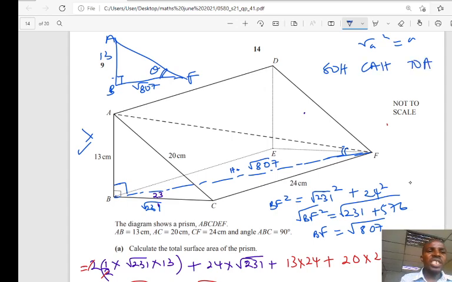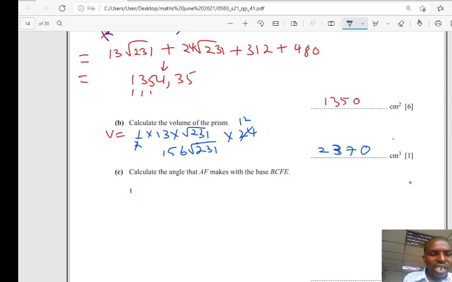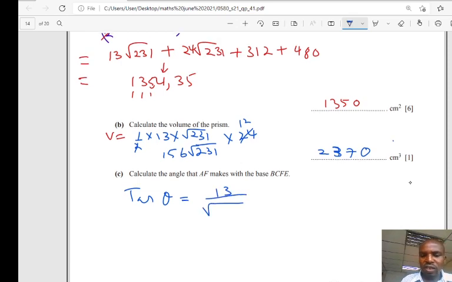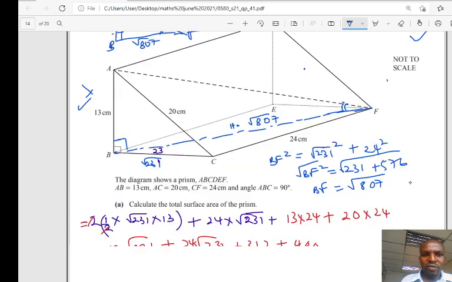Here with the opposite and adjacent, you can use tan. So tan of this angle theta is opposite 13 over root of 807. So you can say tan theta is equal to 13 over square root of 807.